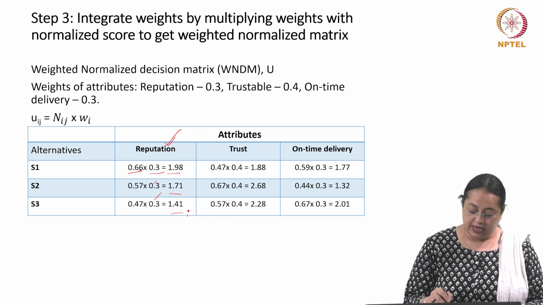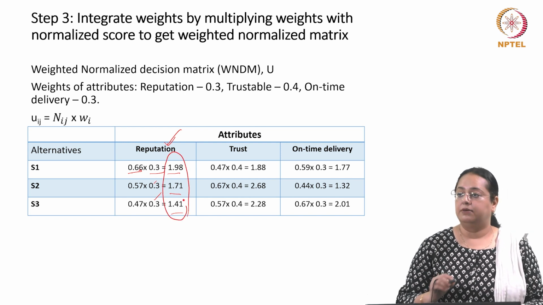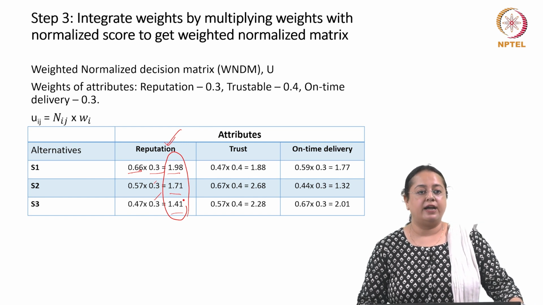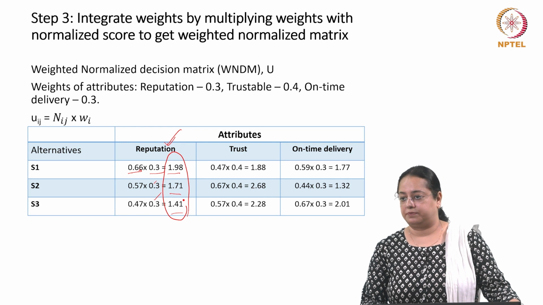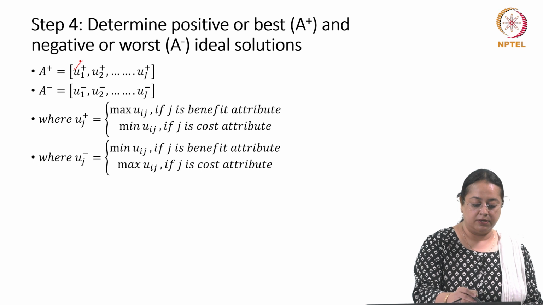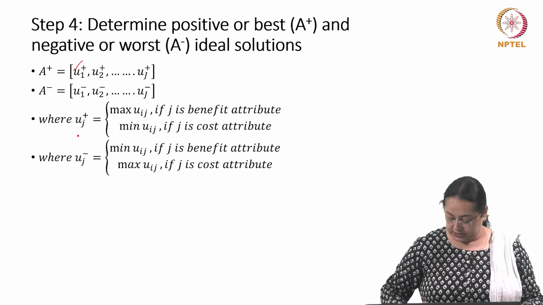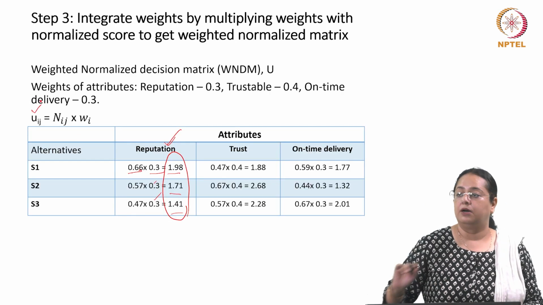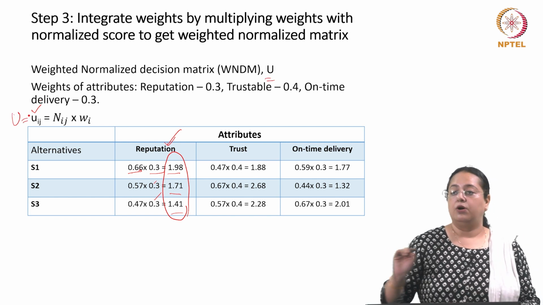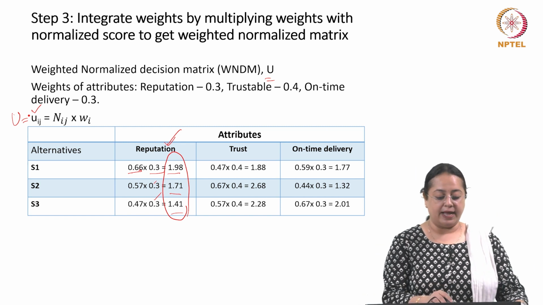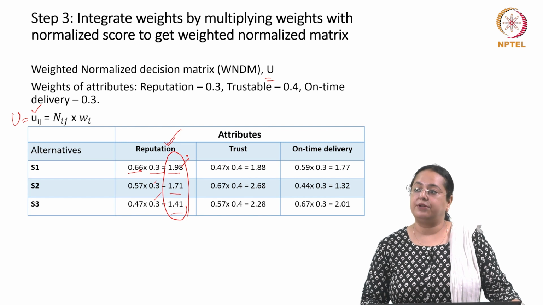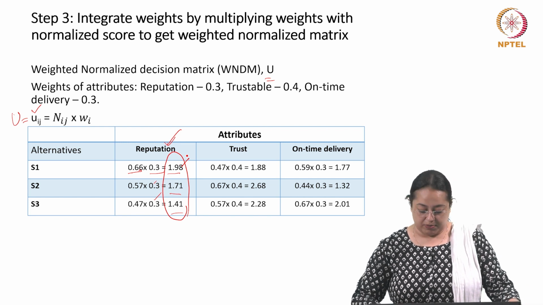Out of this, which one has done the best and which one has done the worst? That would help. So this is my U vector, with all the elements as Uij. This is the matrix U, which is the weighted normalized matrix.